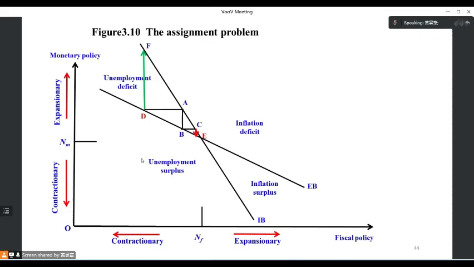So if this country is not at the equilibrium point of internal and external balance, it can use fiscal policy or monetary policy to make the condition move to the equilibrium point.